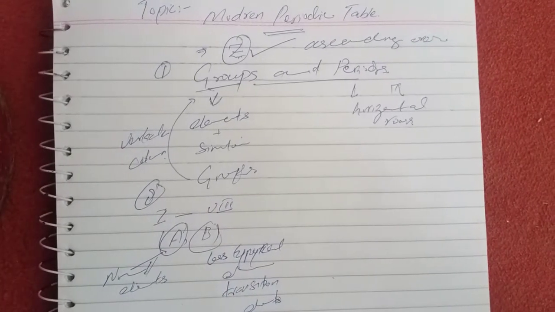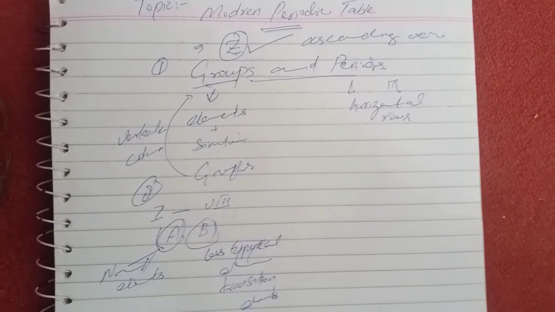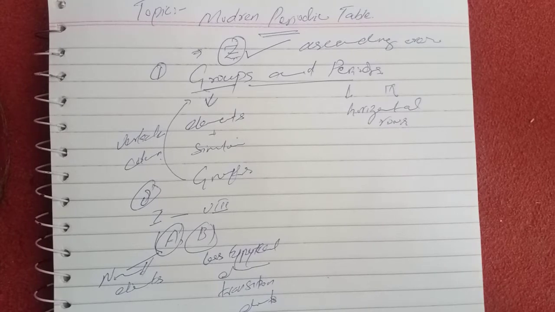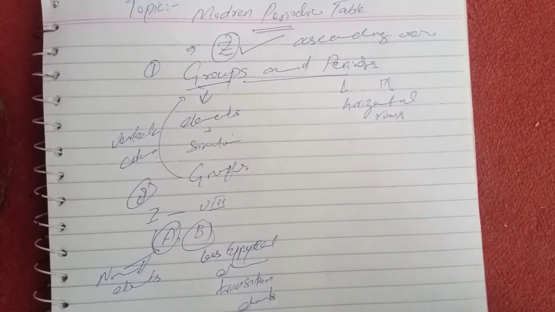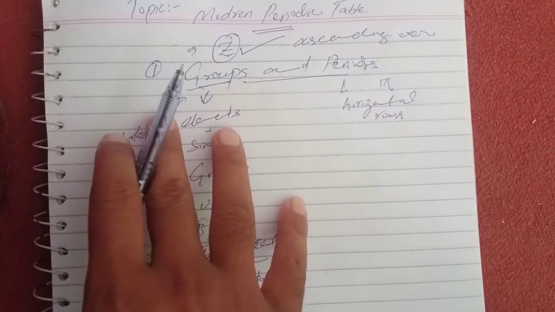As we discussed, these transition elements are arranged in the center of the periodic table. These are the main features of groups.